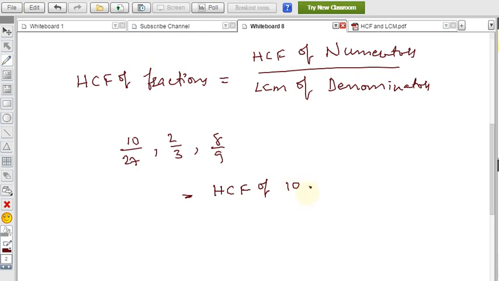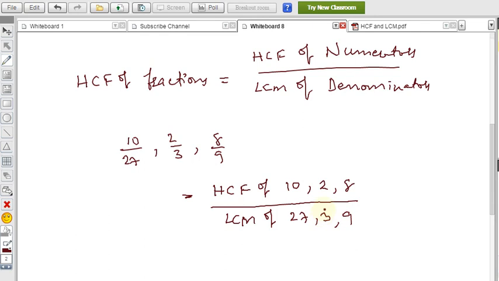Numerators are 10, 2, 8, by LCM of denominators, 27, 3, 9.